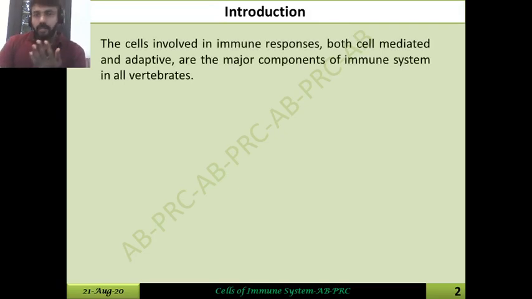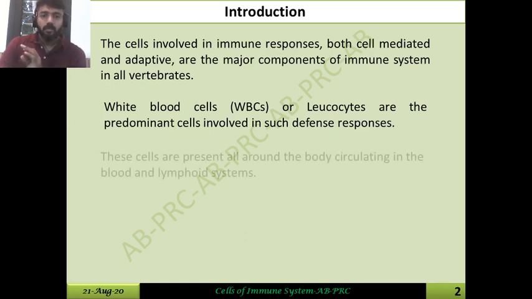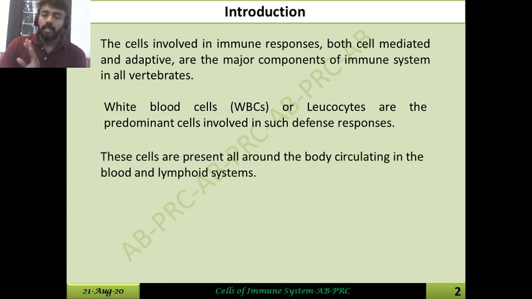This is a kind of introduction. Whether it is cell mediated immunity or an adaptive mechanism, whatever the mechanism, the cells play a crucial role in immune responses. The major cells involved in immune responses are what we call the WBCs or leukocytes, otherwise the white blood cells. These play the crucial role in the defense responses.